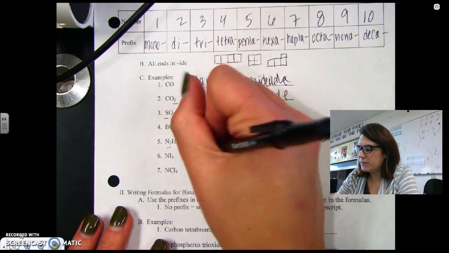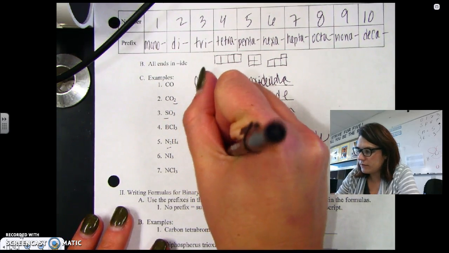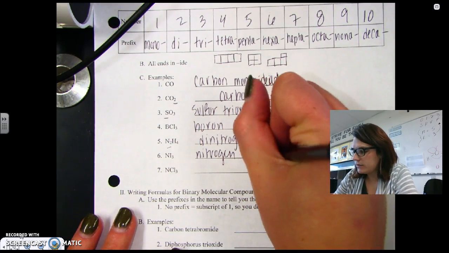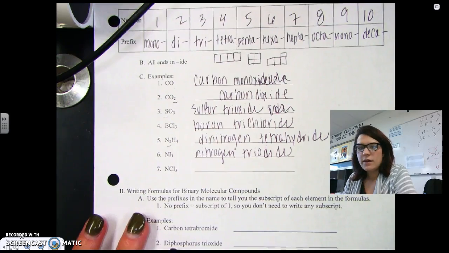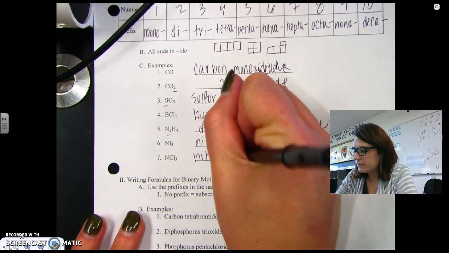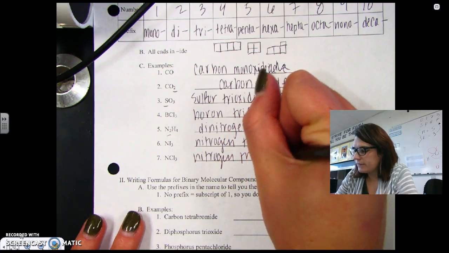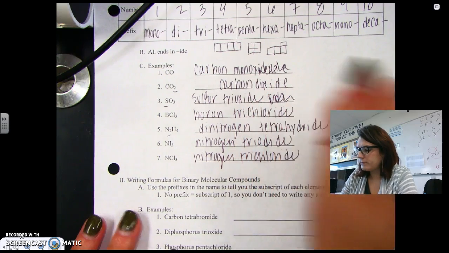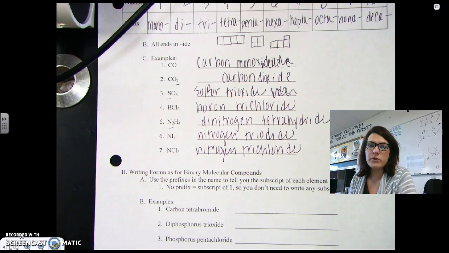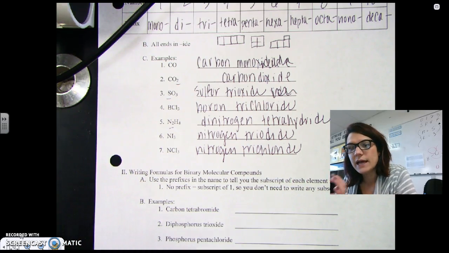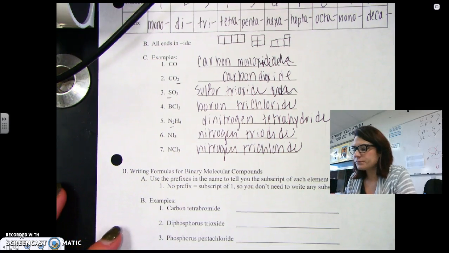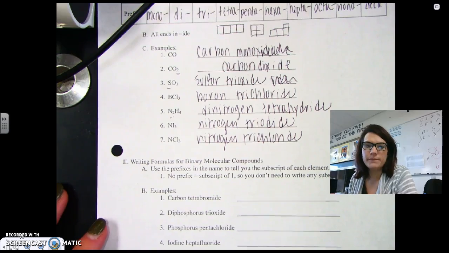Next one, it's just going to be nitrogen triiodide. And then the last one will be nitrogen trichloride. Okay? So that's how we name these. The biggest thing here is just memorizing the prefixes and realizing that mono doesn't go on the first element, okay? Only on the second one if there's just one.